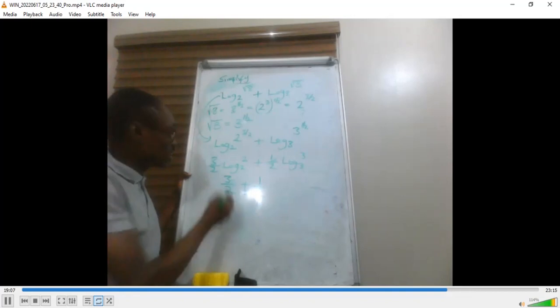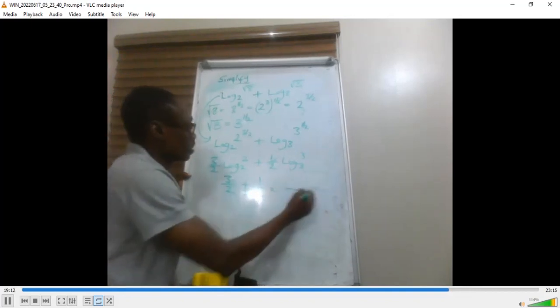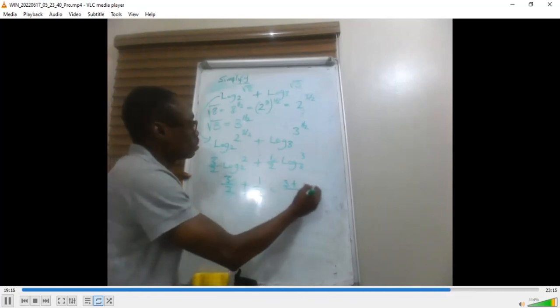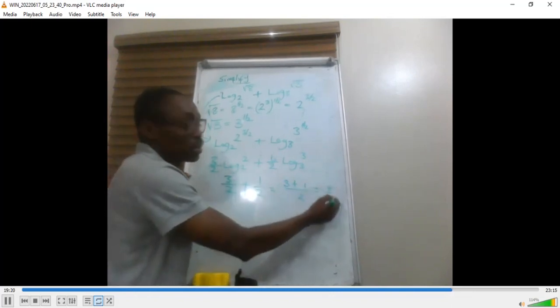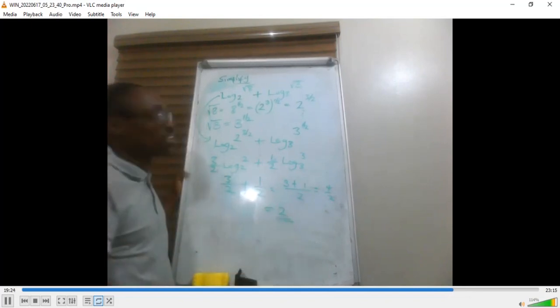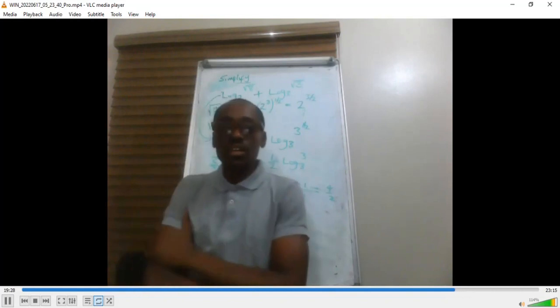So at the end of the day, 3 over 2 plus half is going to give you, this is 2, 3 plus 1, 4 over 2. 4 divided by 2 gives you 2. So final answer for this question is actually 2.